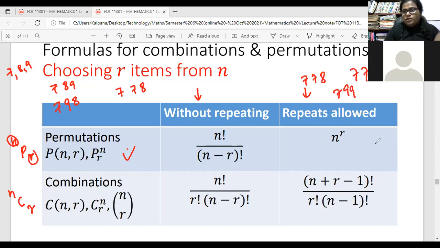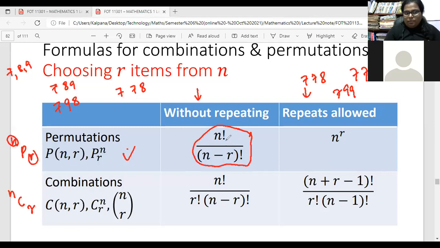But here in the question, it is given that we have to use one number at once. So we have to use this formula to get this one.